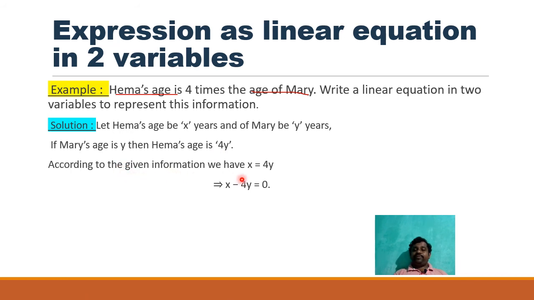According to the given information, Hema's age is 4 times the age of Mary, so X equals 4Y. Transposing 4Y to the left-hand side, X minus 4Y equals 0. This is a linear equation in two variables. Dear students, understand this.